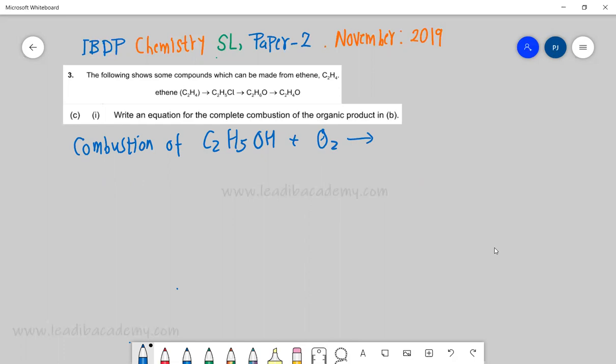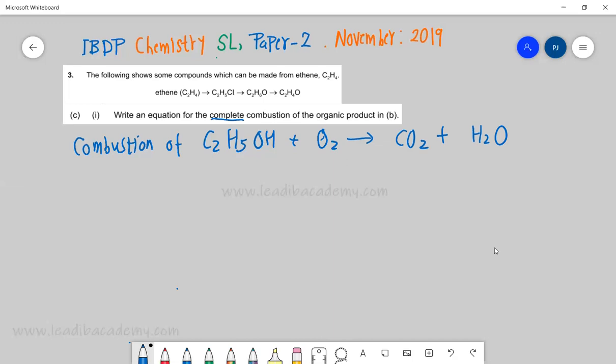That is important. Whenever it is a complete combustion, we have to get CO2 and H2O. Always remember, for complete combustion, the products of combustion are carbon dioxide and water. Now it may look a little bit confusing how to balance this, so I'm going to give you a simple trick, or remember it as a formula.